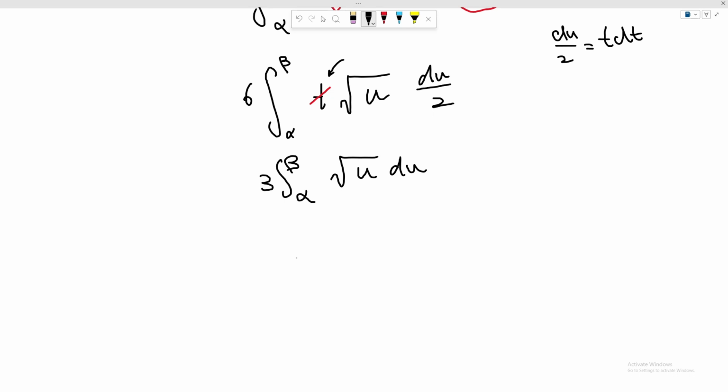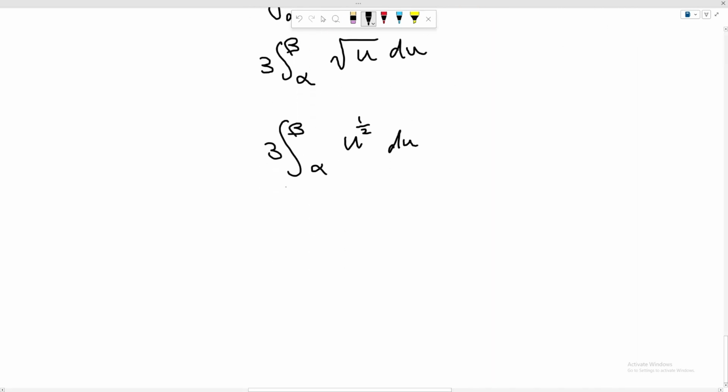Right? Now this is a simple integral. This is u to the 1 over 2. Right? And so when you integrate a 1 over 2, you add 1, and then you divide by whatever you're adding. So 3 over 2.